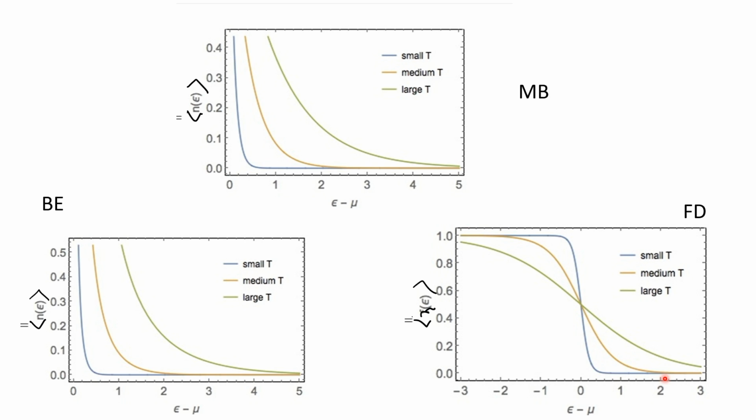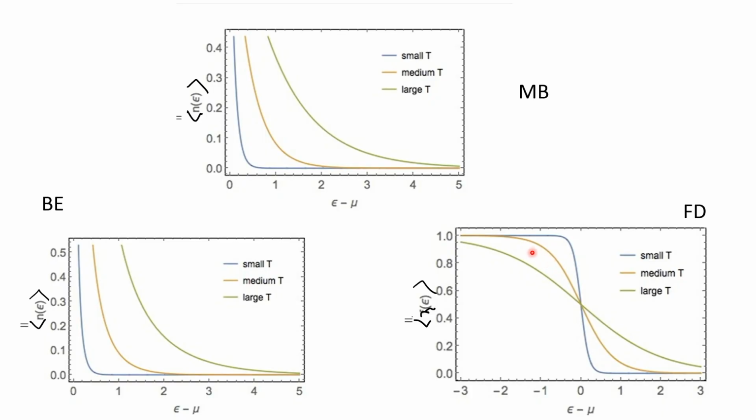But as you go larger and larger in temperature, these distributions taper down, with more weight appearing in the larger energy regime. However, that happens at very high temperatures.